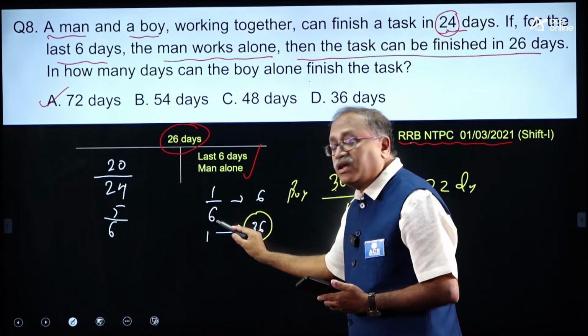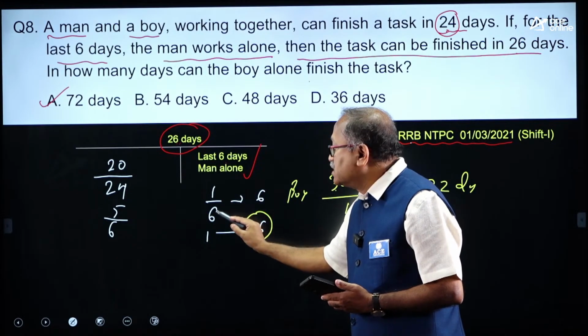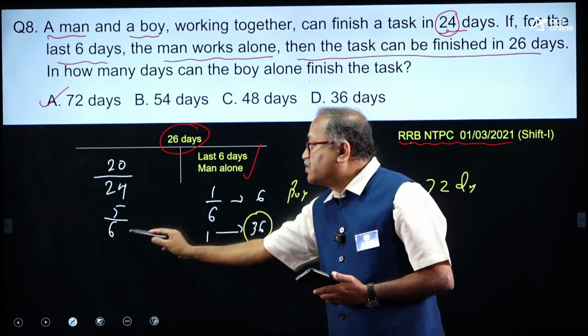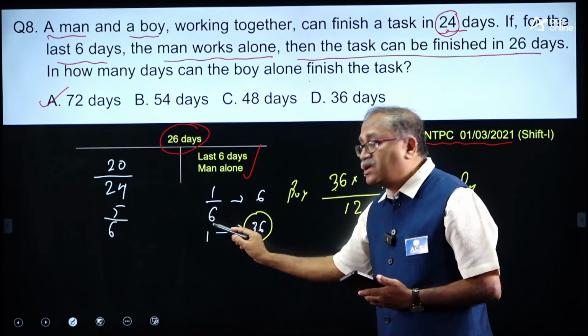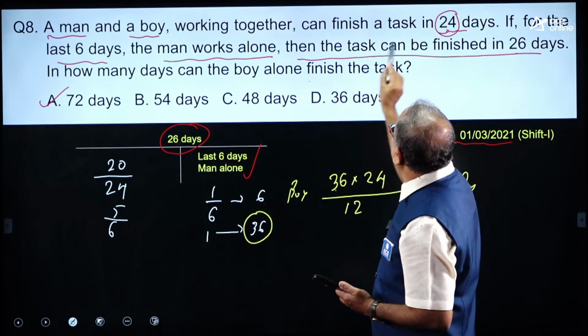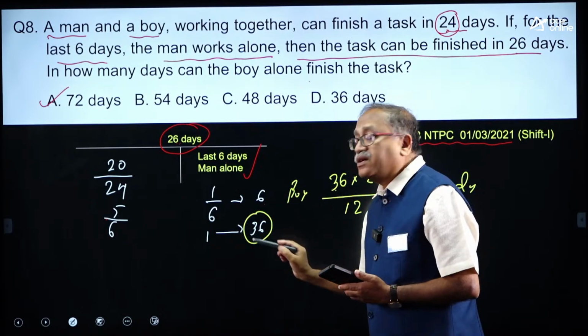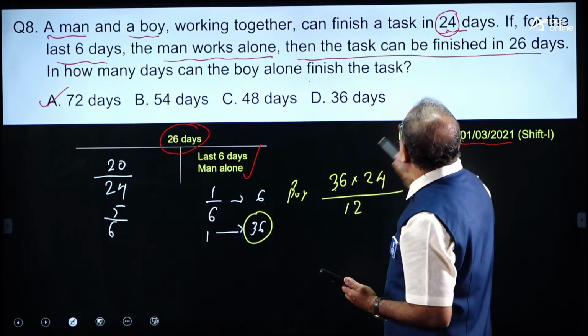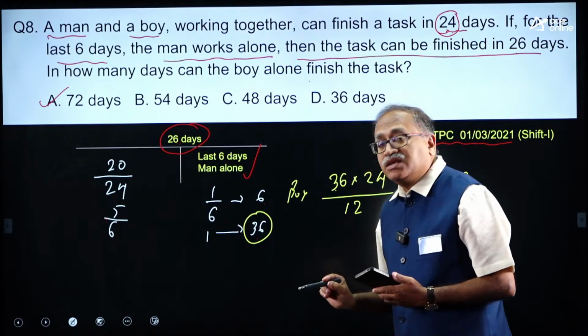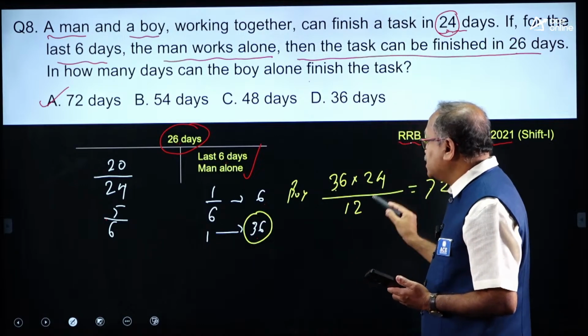That means in the last 6 days he completes the remaining work, 1 minus 5/6, that is 1/6. 1/6 of the work he completes in 6 days as given in the question, then one work in 36 days. Now I come to know that together 24 and man 36, then for the boy, this is the formula.